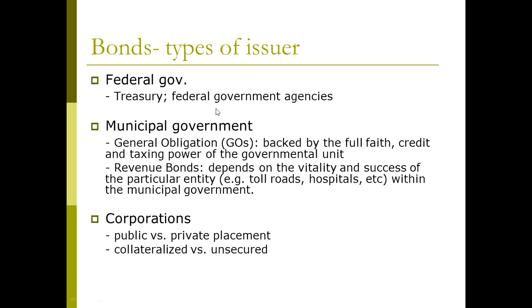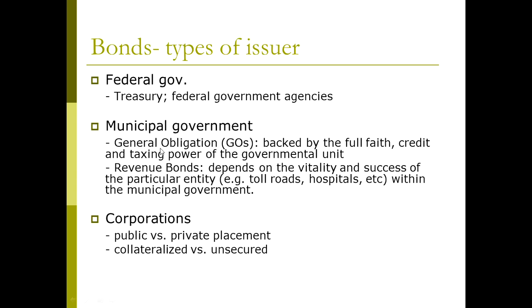They are issued by the federal government agencies. The second type of bond is called municipal bonds. They are issued by the municipal governments. There are 2 types of municipal government bonds. One is called general obligation bond. The other is called revenue bonds.